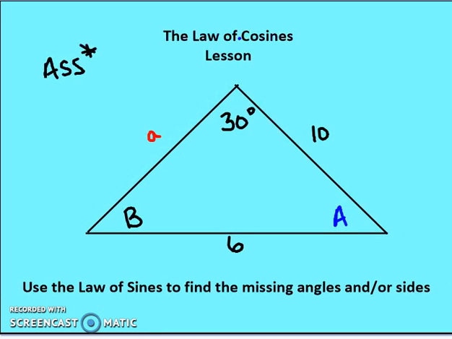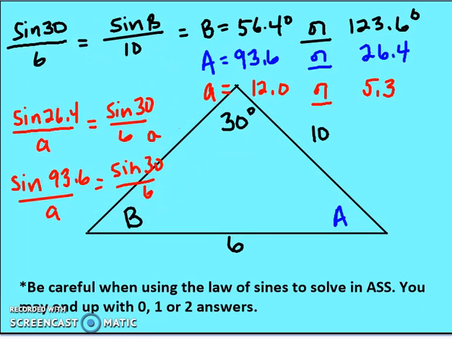Moving on, we're going to look at the angle, side, side triangles, where you're given a non-included angle and 2 sides. I want you to solve this triangle. Remember, you can have 0, 1, or 2 solved triangles. I'm going to pause here. In this case, you end up with 2 solved triangles. You get initially 56.4 as your reference angle.